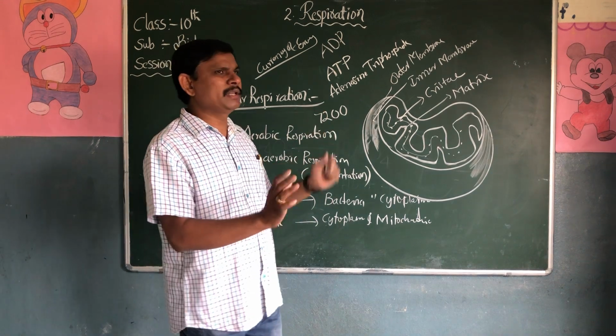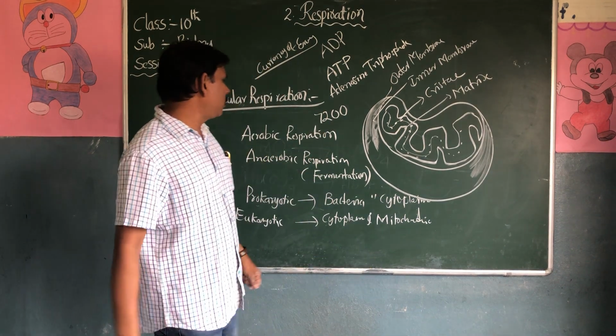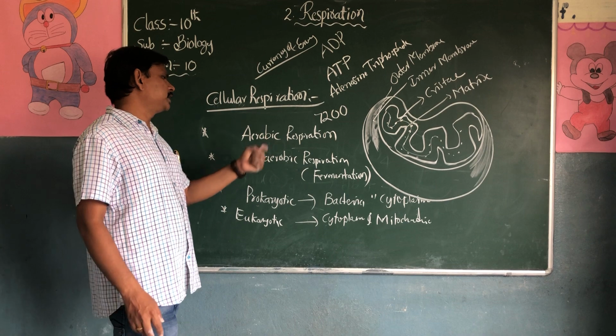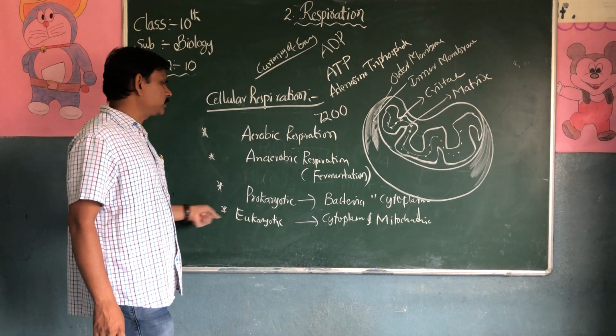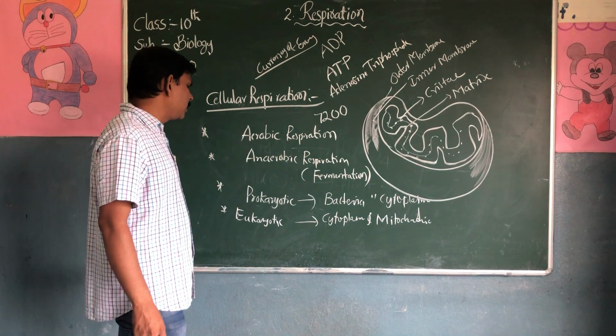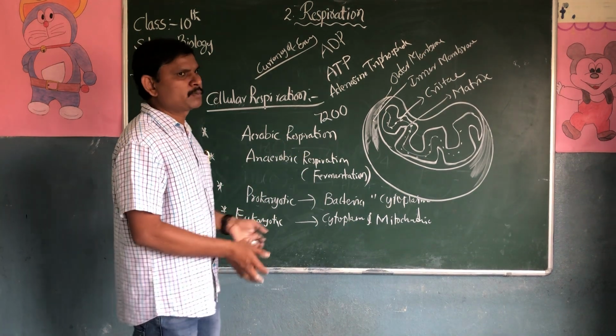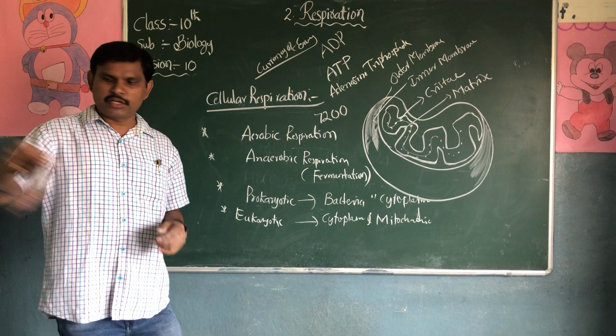This is the simple explanation of the mitochondria. Aerobic respiration, anaerobic respiration. So respiration takes place in the cytoplasm in a prokaryotic cell, and in the cytoplasm and the mitochondria in eukaryotic cells.